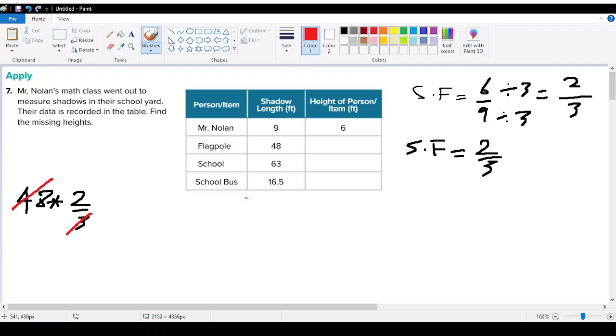That's right. So here we have 16. So 48 divided by 3 is 16. 16 times 2, how much? 32. 32, that's correct.